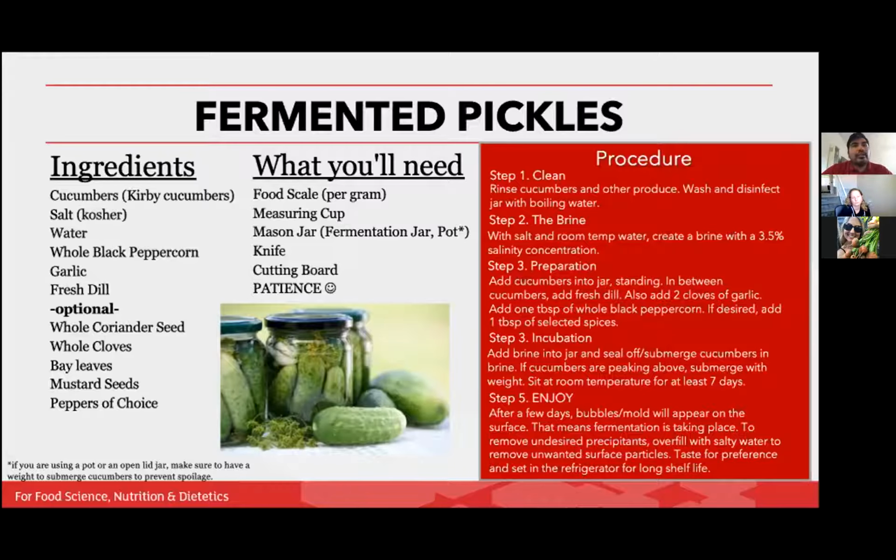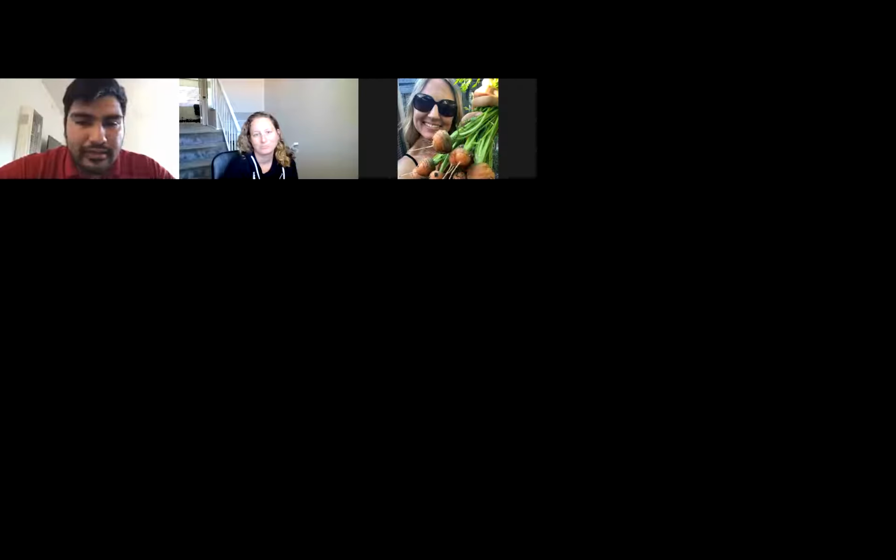So what I'm going to do is create a salt brine, and then have the brine sit on my counter for around 7 days. Throughout these days, the pickles will start to ferment. I'm just going to switch over to a different screen, and I'm going to get started.